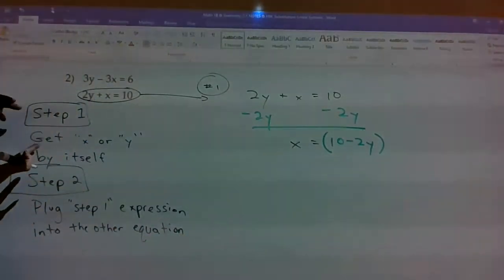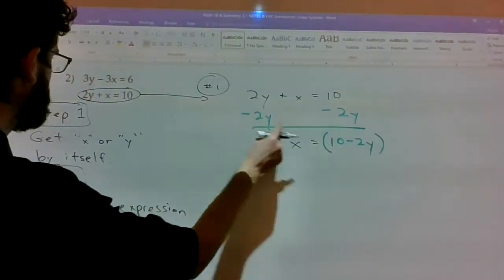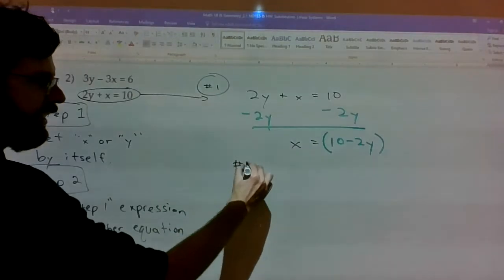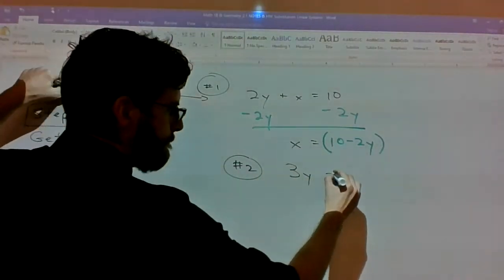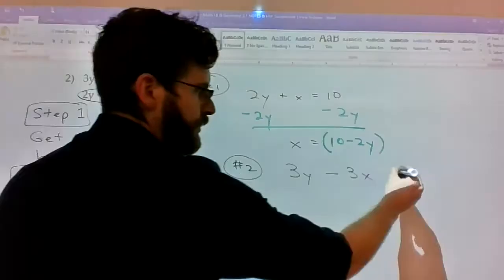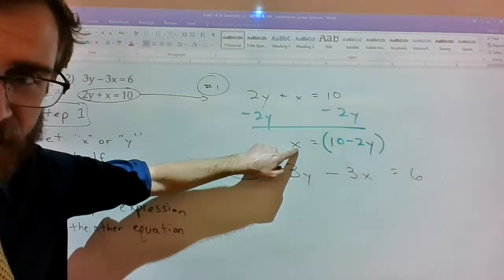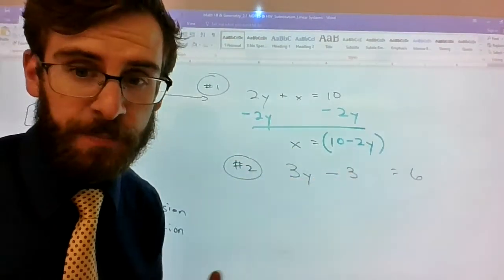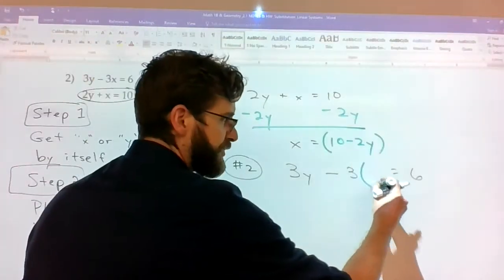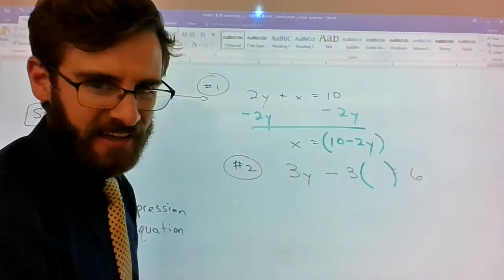I'm trying to organize it just a little bit more clearly. So here's the expression. Here's the other equation. The other equation is 3y minus 3x equals 6. Since I got x by itself, the x in the second equation is what's going to be disappearing and replaced with the expression that I got on the previous line.